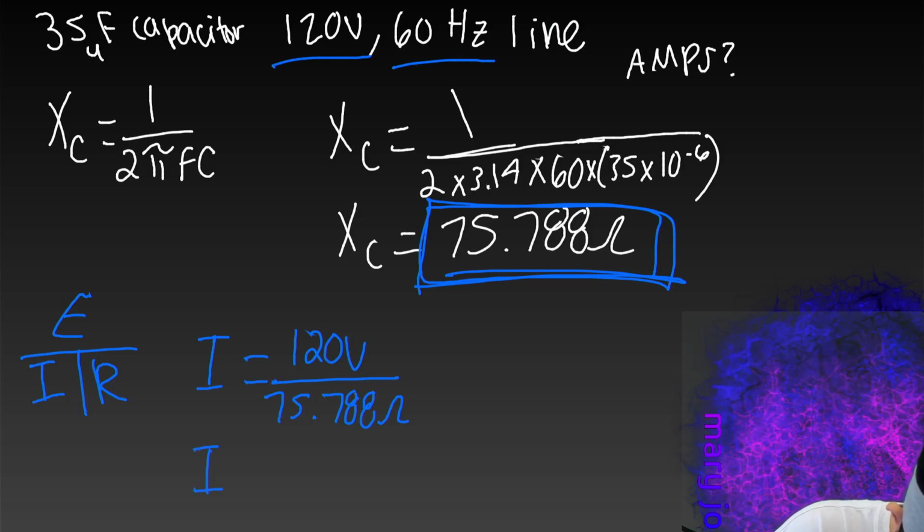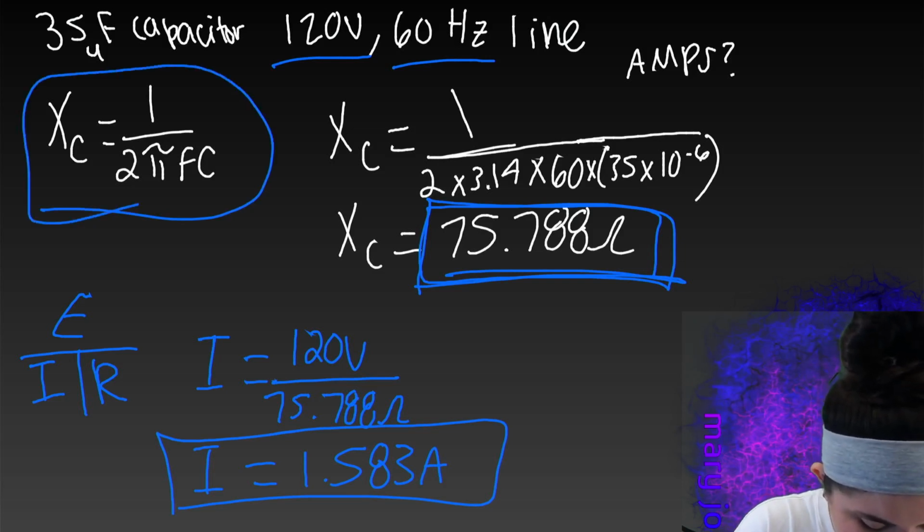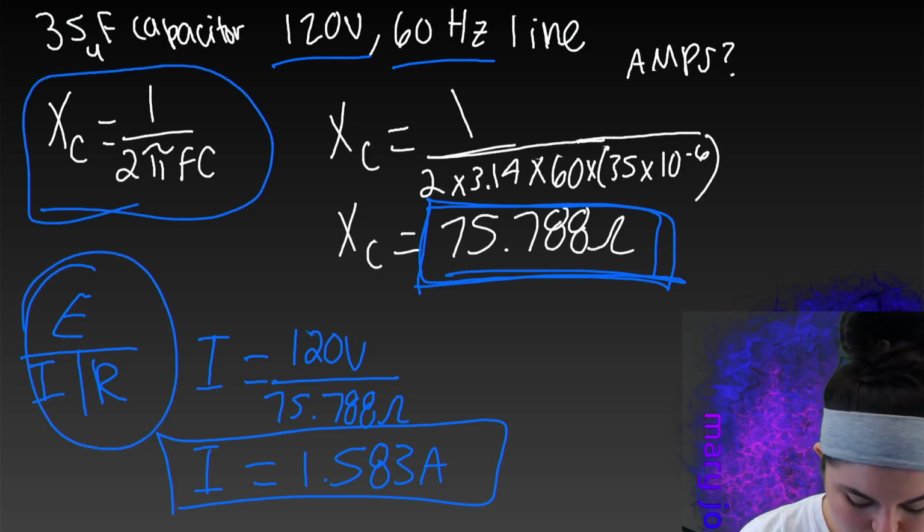So our current is going to equal 1.583 amps. So it's as simple as following this formula until you can put it into Ohm's law.